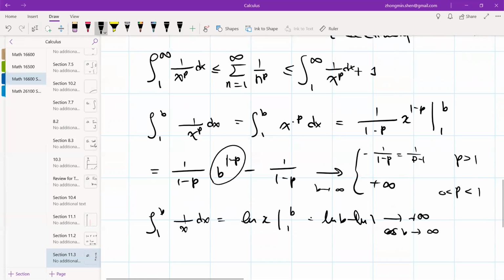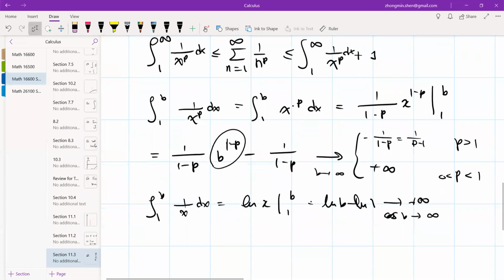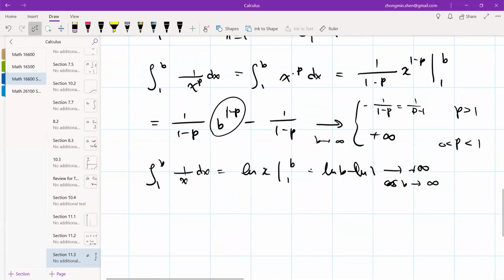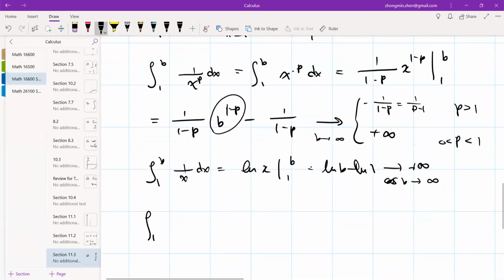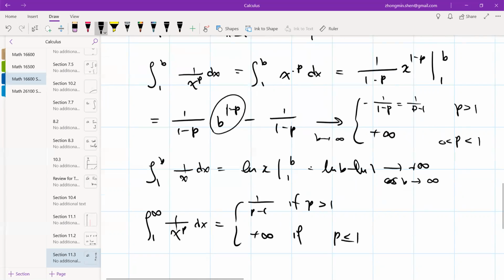All right, so now we get to the following conclusion, right? If p is greater than 1, you get this. Otherwise, you get infinity, for p less than or equal to 1 and greater than 0.